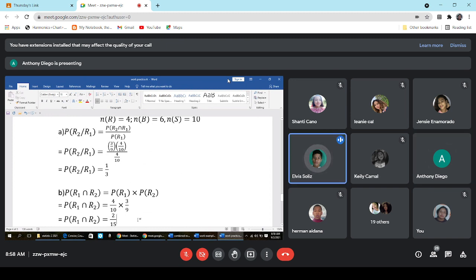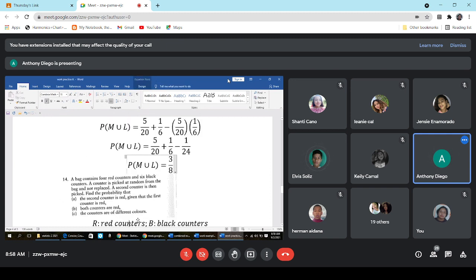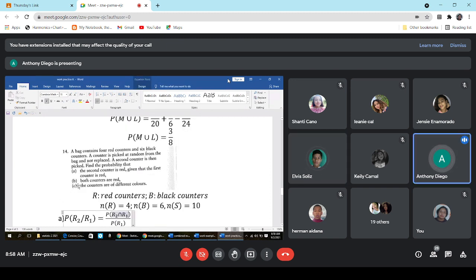Sir, but I do not understand how you get 3/9. Because it's 2. It said here. Okay, let me show you again here. Both counters are red. It's two selections. It said here that a counter is picked at random from the bag and not replaced. A second counter is then picked. So it's two selections.